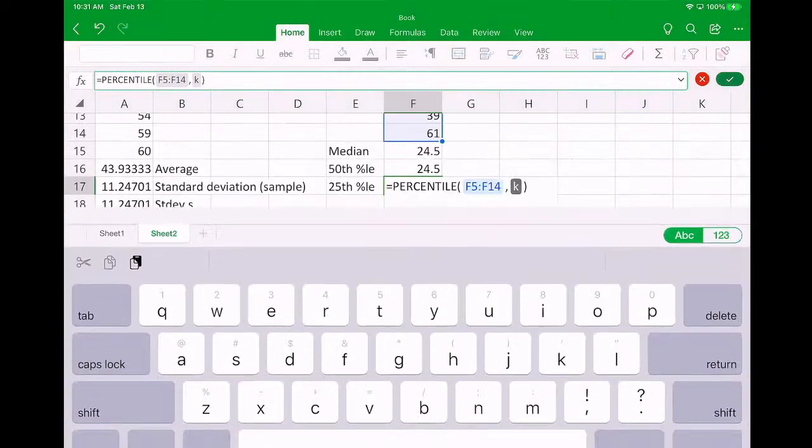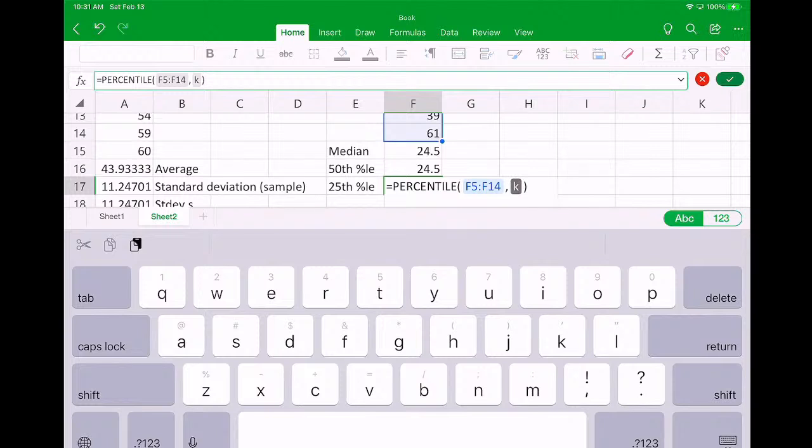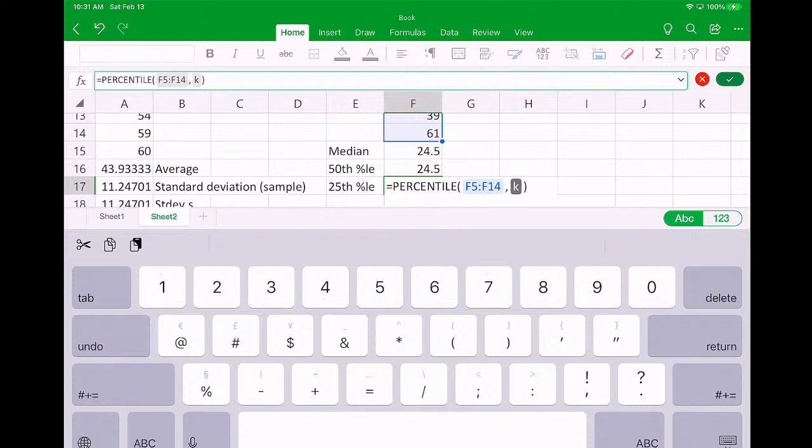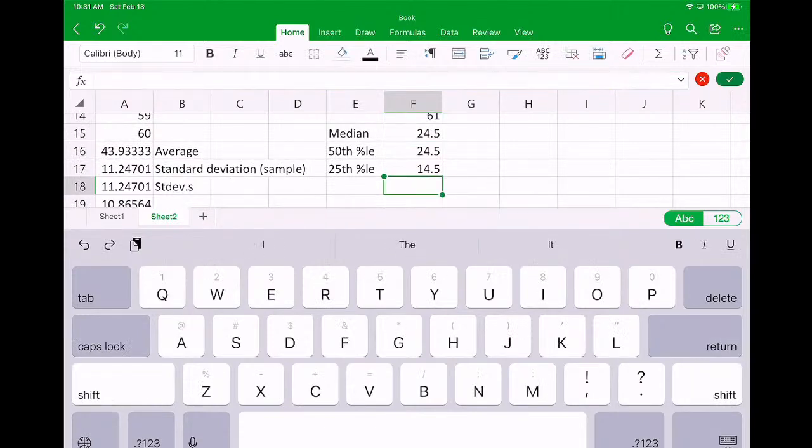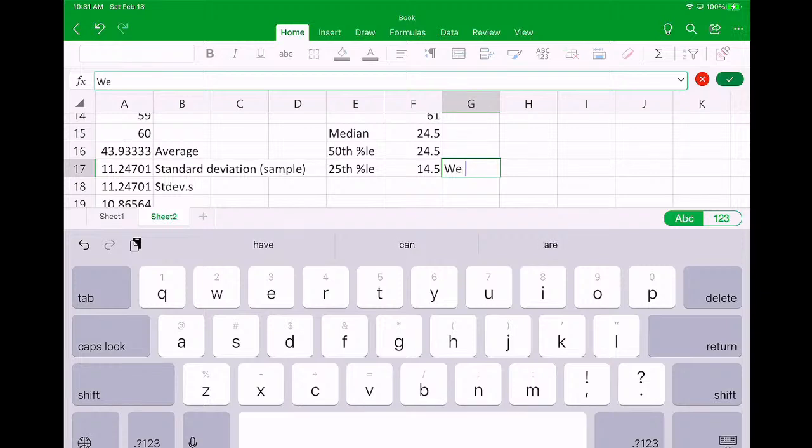What did I do wrong? And then 25. There you see, 14.5. So the answers will not be what you get. They'll be slightly different. We got 14, but this gives us 14.5.